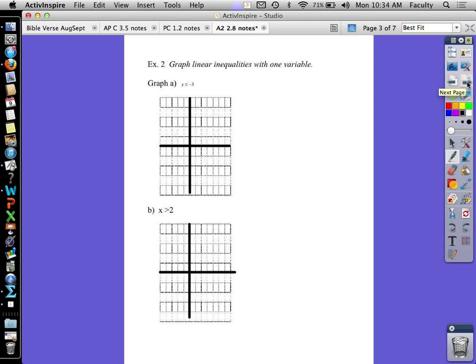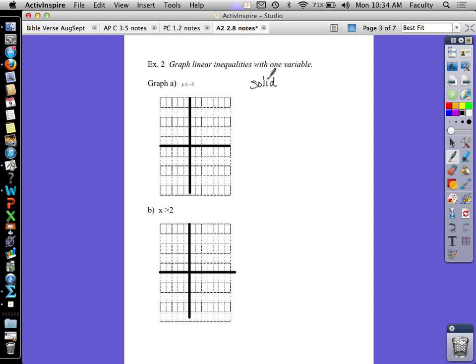Example 2 says, graph linear inequalities with one variable. We'll go around the room, and I'm going to keep asking you the same questions over and over again. So Henry, when I want to graph, what is step 1? Determine whether the boundary is solid or dashed. All right, so Megan, is this solid or dashed? It is solid. Okay, so step 1, determine whether you have a solid or a dashed line.